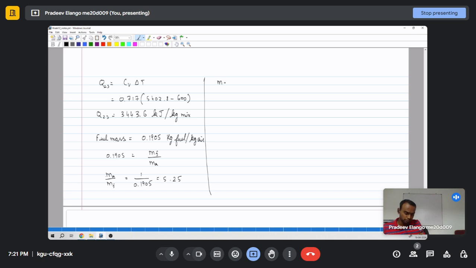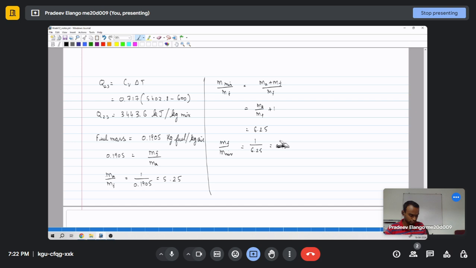Now mx by mf is equal to (ma plus mf) by mf, or ma by mf plus 1, that is 6.25. And now mf by mx is 1 by 6.25, that is 0.16.